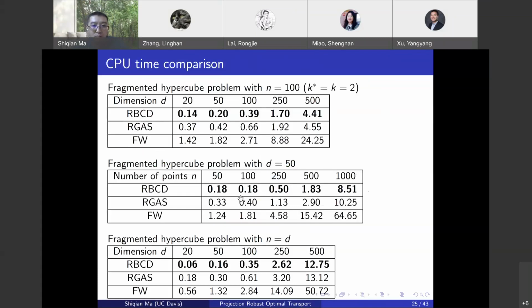From these comparisons, we can see that the Frank-Wolfe method is much slower than the other two algorithms. And among all these three algorithms, our Riemannian BCD algorithm is always the fastest one. And this is consistent with our convergence analysis, right? We showed that our RBCD is faster in terms of the total arithmetic operations complexity.